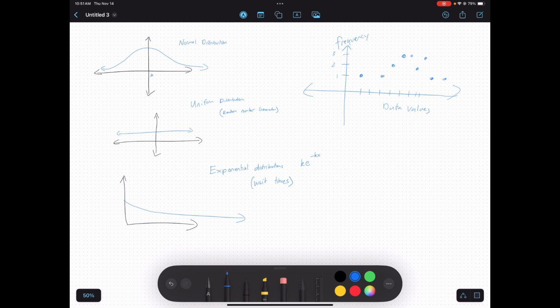So if I had data something like this, what would that tell me? That's probably a normal distribution, where my mean is right about here. Okay? What if I have something like this? What if I have a lot of spread out data that doesn't actually repeat? What if all of my values all have a frequency of 1?